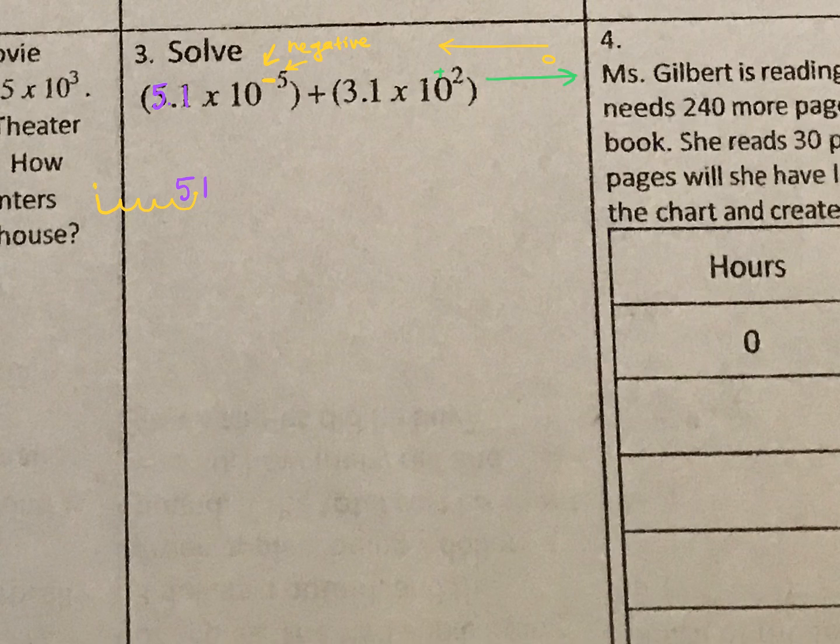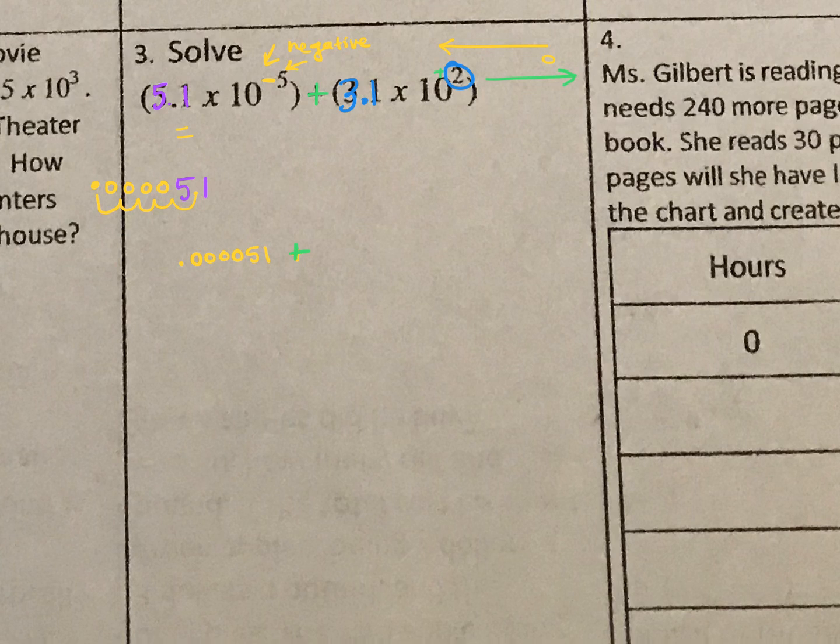Now once you drop your decimal, put in your zeros. So this number is equal to this number. So 0.000051 plus, don't forget that you're adding. Now, how big is this number? 3.1. It's a positive number, so it means it's a big number.